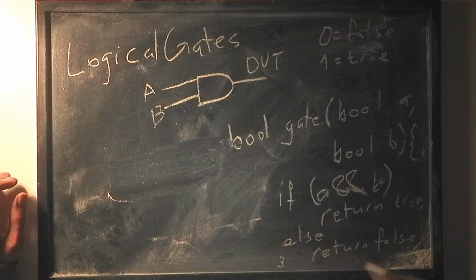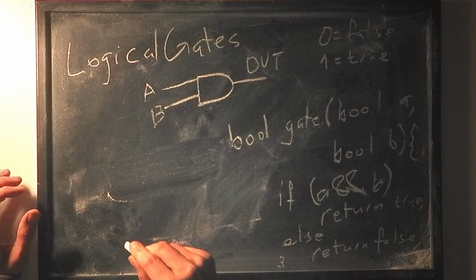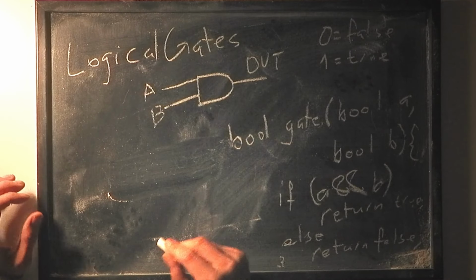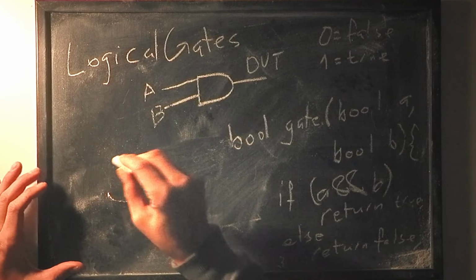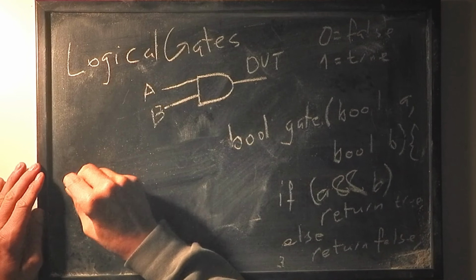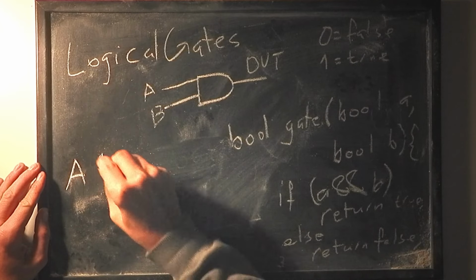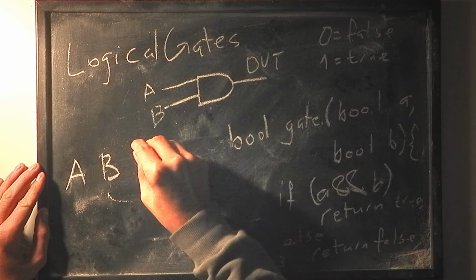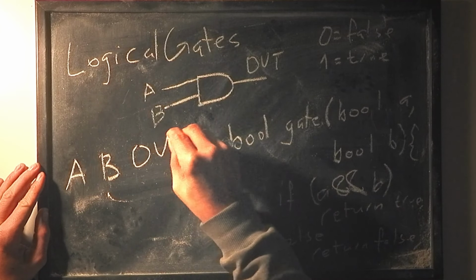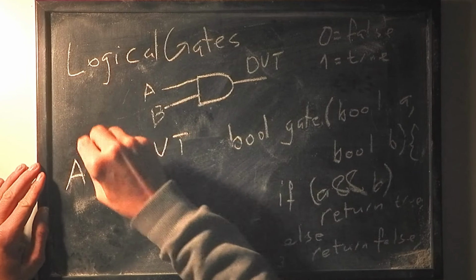Alright, so if we're gonna make a table out of the different results of this gate, it will look something like this. We're gonna have the A input, the B input, and the output.